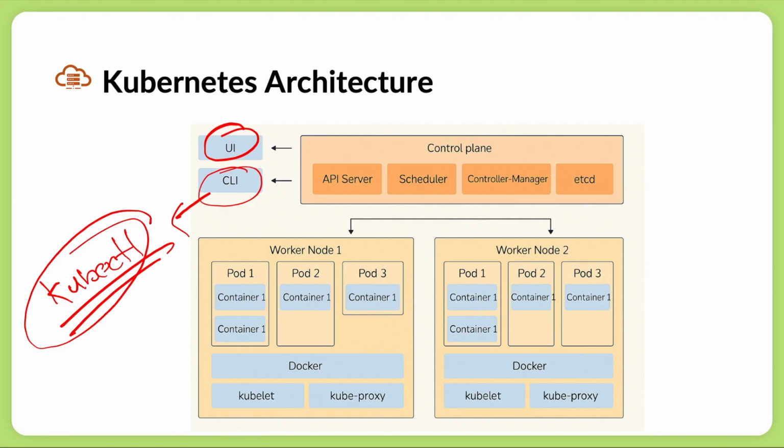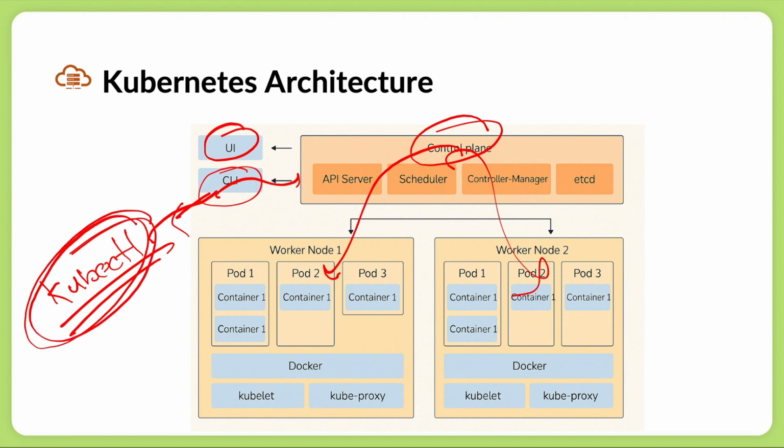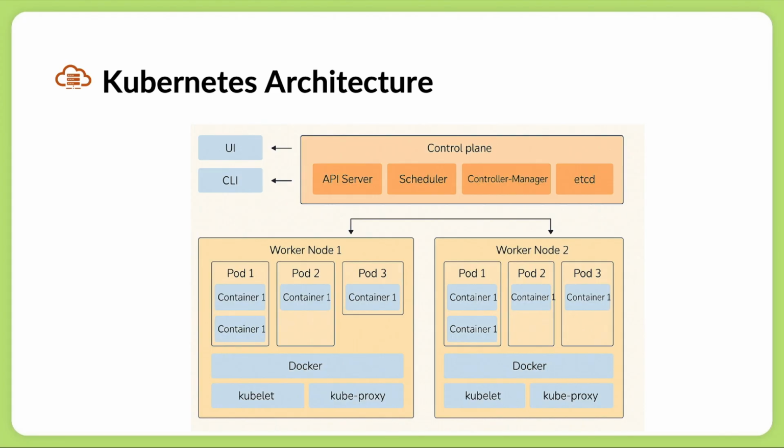Using kubectl, we are going to send requests to the control plane through the CLI, and the control plane is going to create the containers for us. Also using this tool, we are going to manage the Kubernetes cluster. We will be installing this tool in an upcoming session.